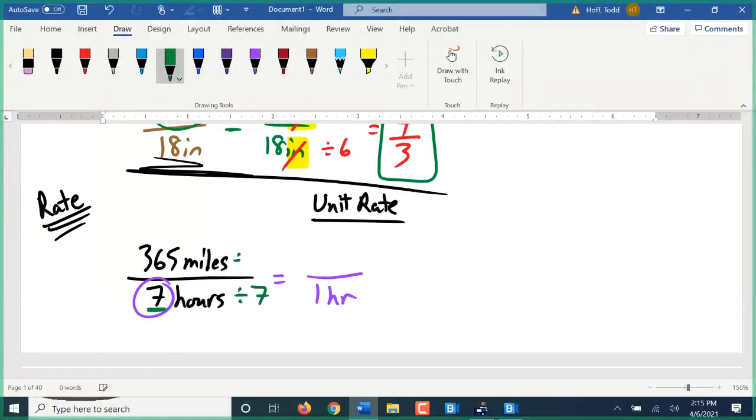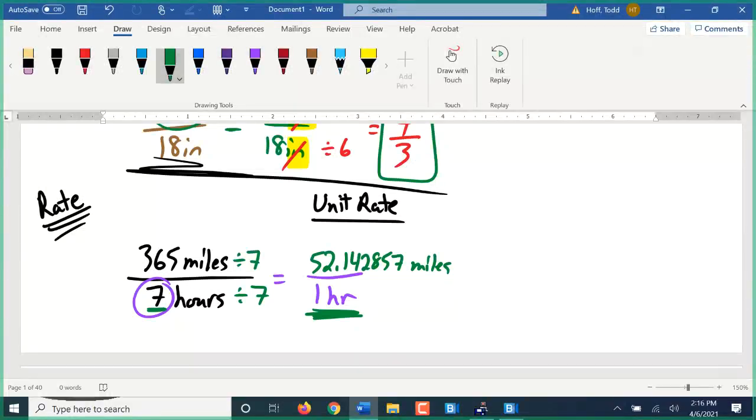Both of them will divide by 7. So 365 miles divided by 7 is 52.142857143 miles. And of course, 7 hours divided by 7 is just 1 hour. So now it's a unit rate. It's compared to 1 unit in that second number.